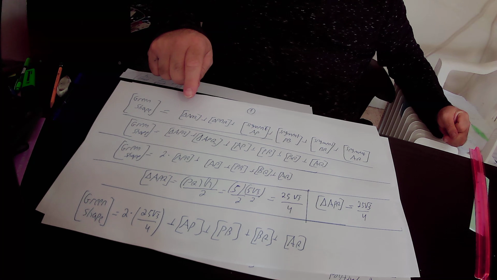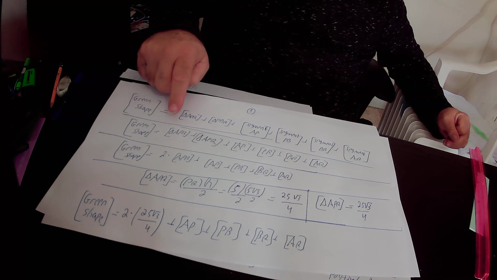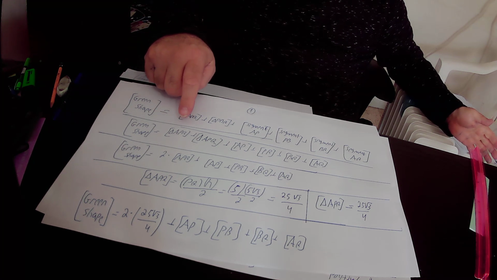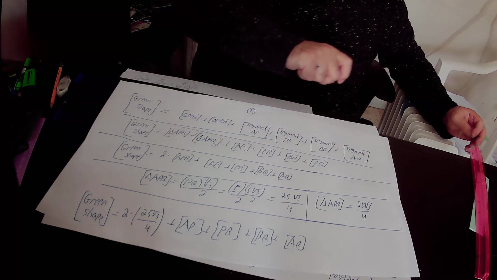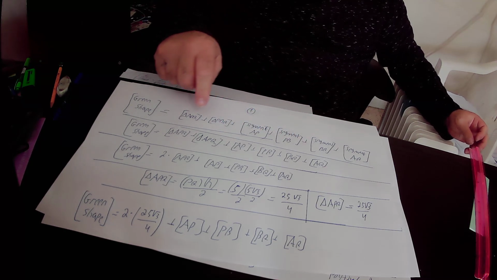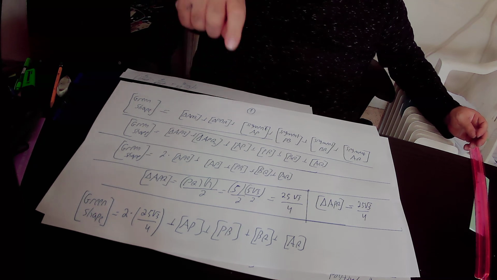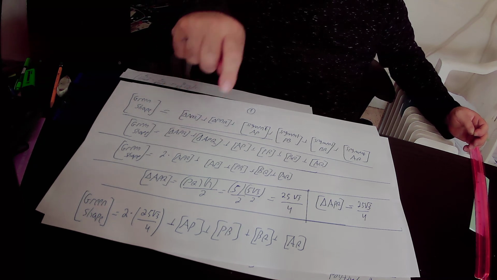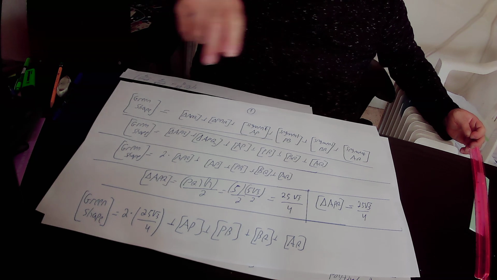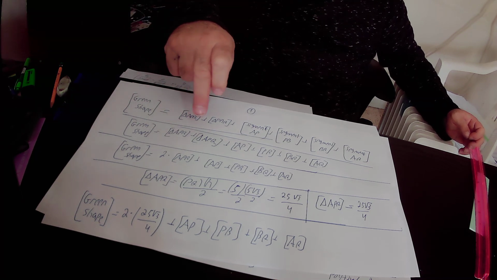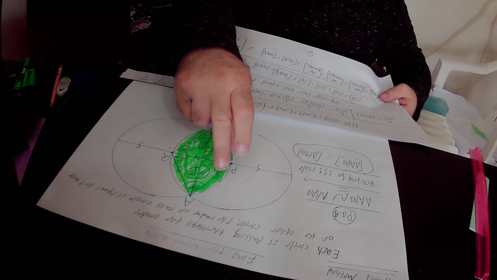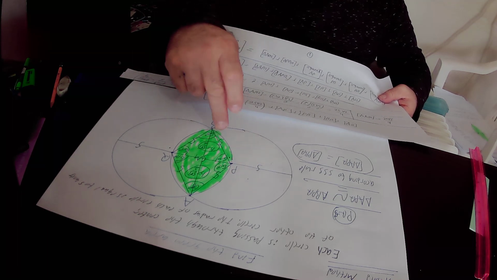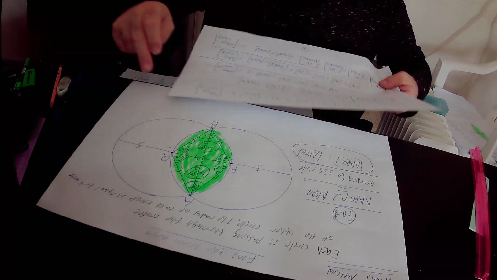So we did it, and we got that the area of the green shape equals the area of triangle APQ plus the area of triangle APQ plus the areas of the 4 segments. So the area of triangle APQ plus the area of triangle APQ equals 2 times the area of triangle APQ. And in order to find the area of the green shape, we have to add to the areas of those two triangles the areas of the 4 segments, AP, PB, PQ, and AQ.